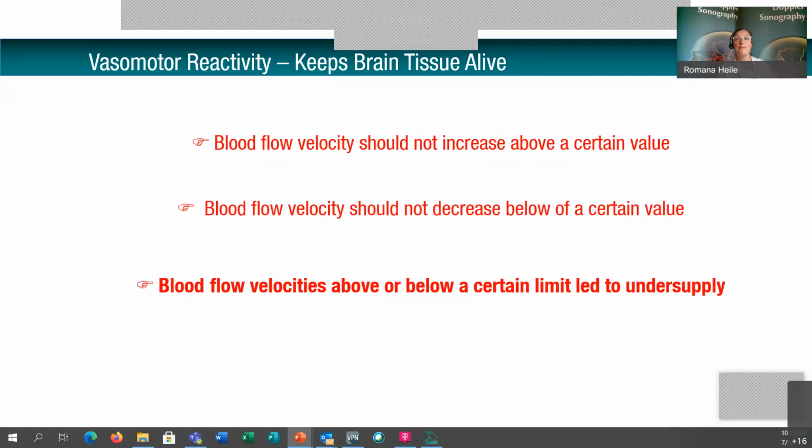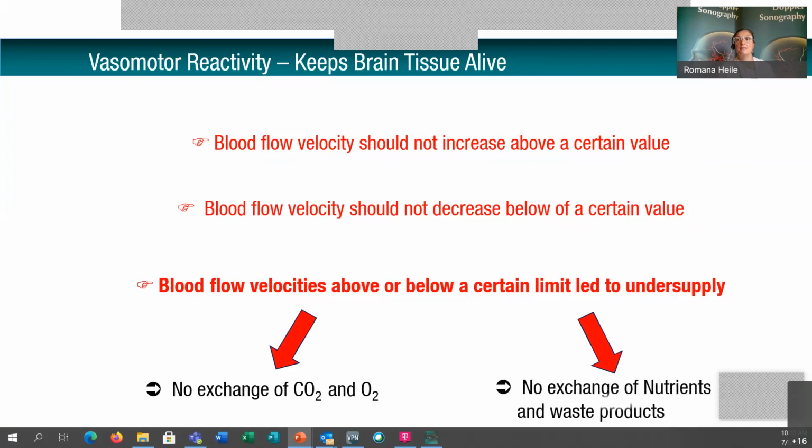So above and below these cutoff values, there is no exchange of oxygen anymore, and there's also no exchange of nutrition. And if this is missing, we all know what happens to the brain tissue. This is what we call a stroke, means that the brain tissue is dying. And the consequences, we are all aware of it.